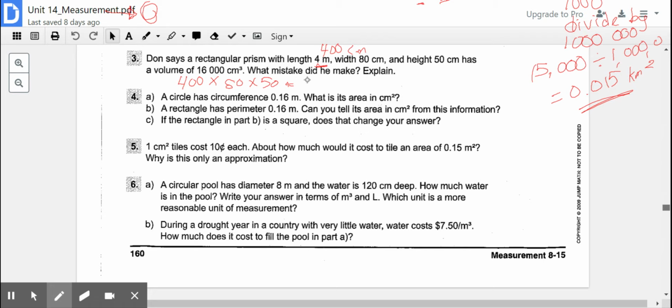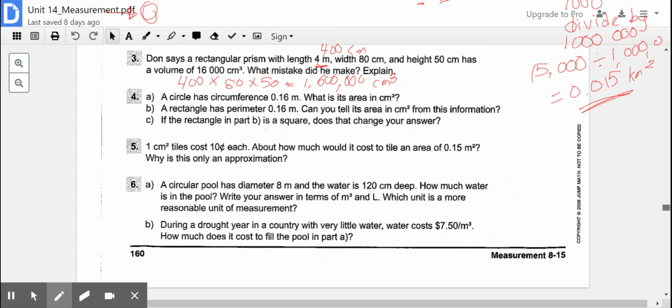And I get 1,600,000 centimeters squared. Sorry, cubed. Centimeters cubed.